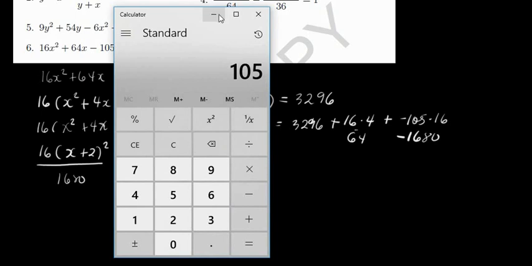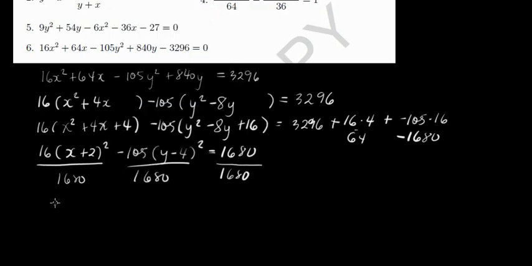We have 105. So, this will become x plus 2 squared over 105 minus y minus 4 squared over 16 is equal to 1.